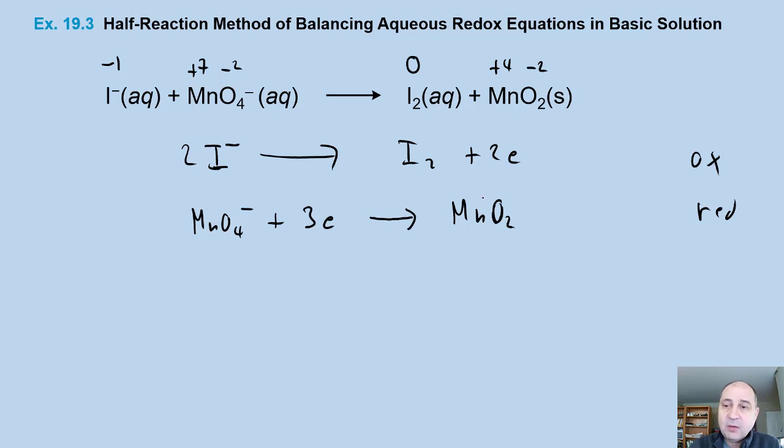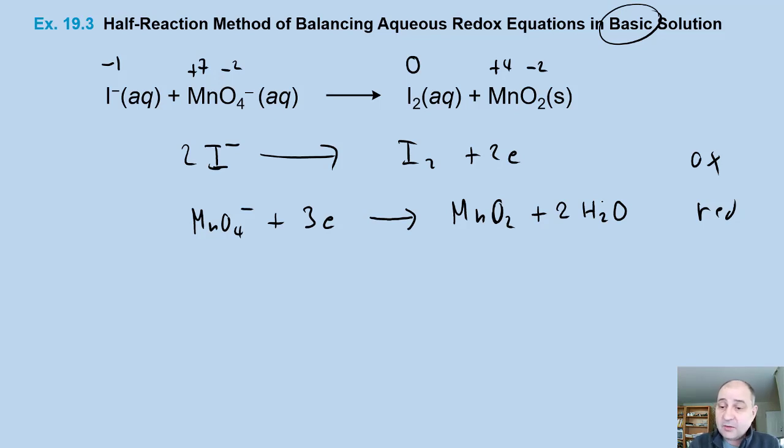So now we balance. This is supposed to be done in basic solution, but we need to balance in acidic first and then neutralize. So we have 2 oxygens on the product side and 4 on the reactant side, so we add 2 water molecules to balance the oxygens.